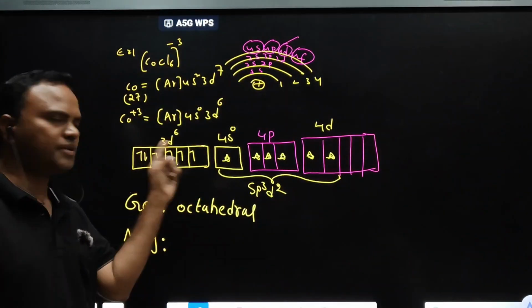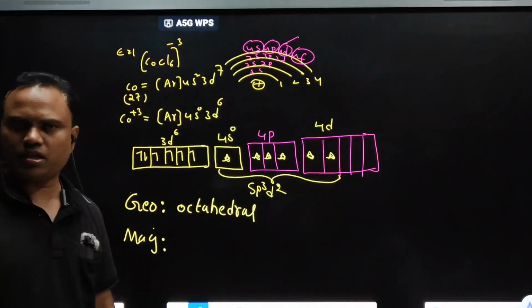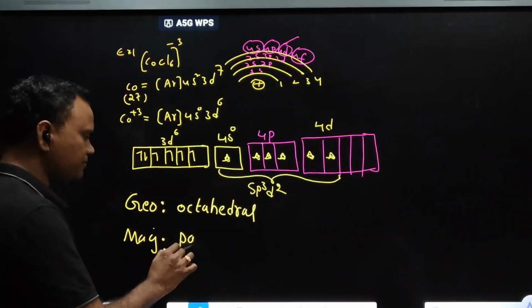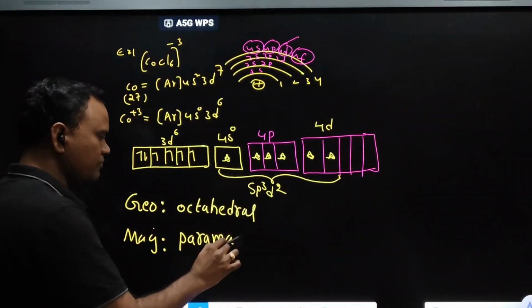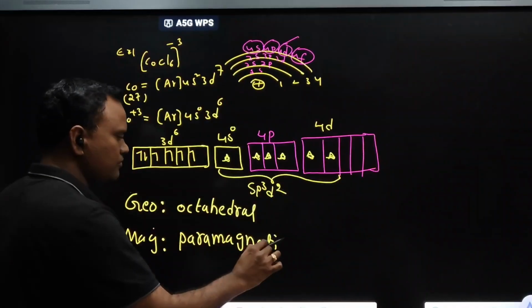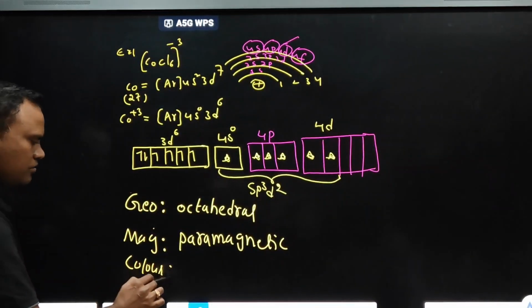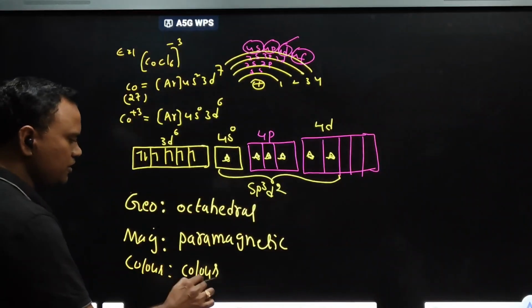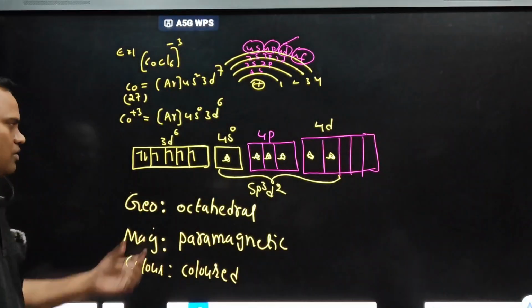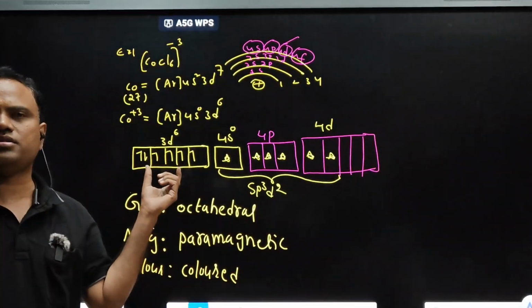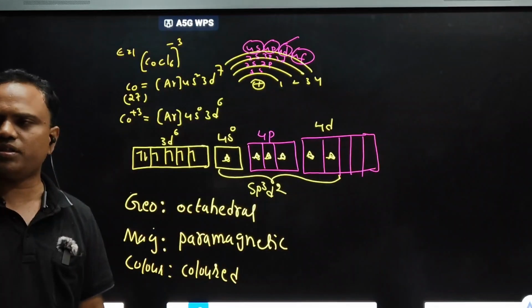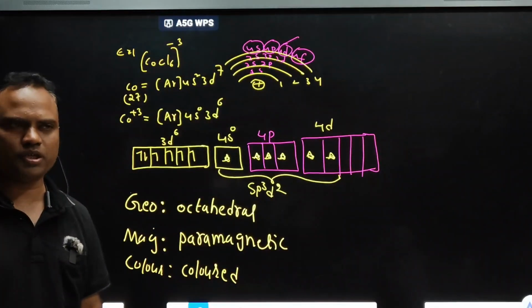If a single or unpaired electron is present, then paramagnetic. Color property, colored or colorless? Colored, because single electron is present. The presence of a single electron is the reason for the color property and the magnetic property.